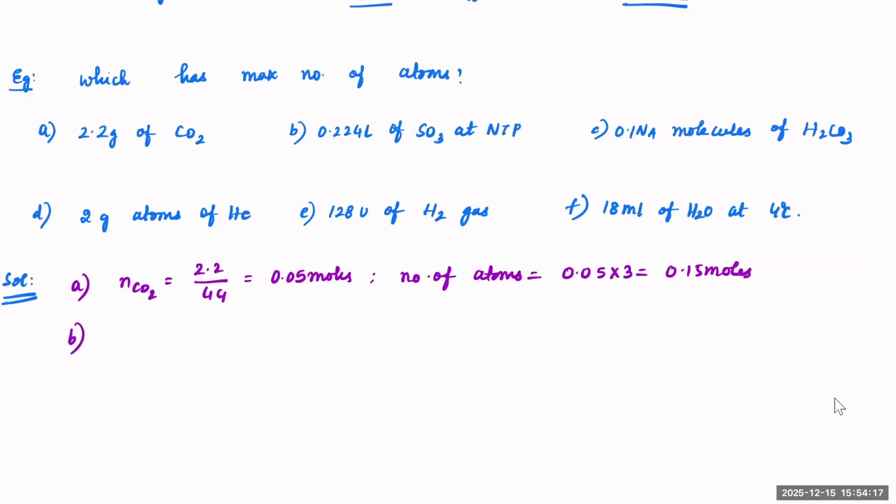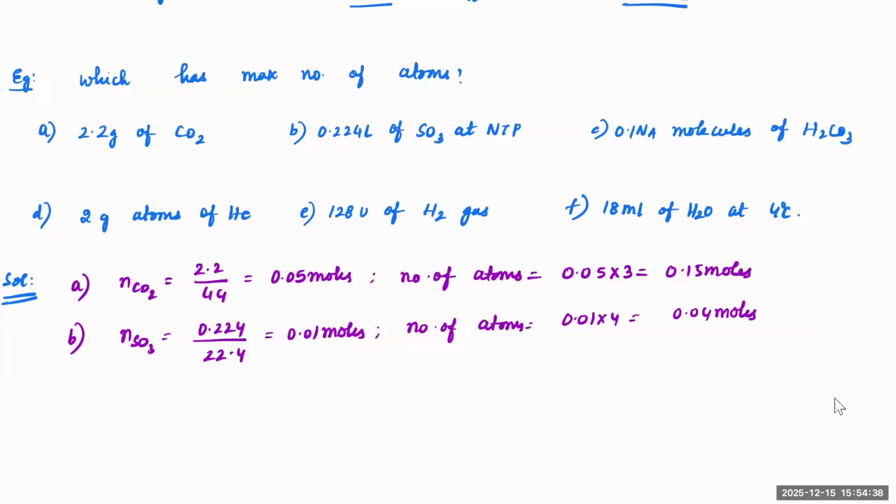Next, if you compare B, the number of moles of SO3 will be 0.224 divided by 22.4, which makes it 0.01 moles. The number of atoms in this case will be 4 times that, 0.01 into 4, so 0.04 moles.